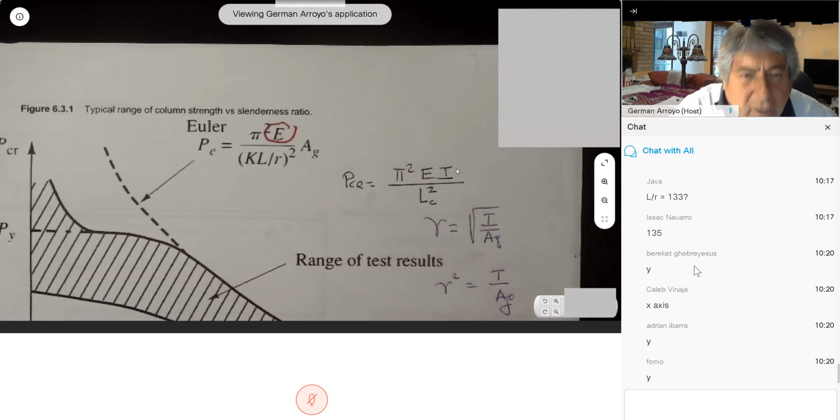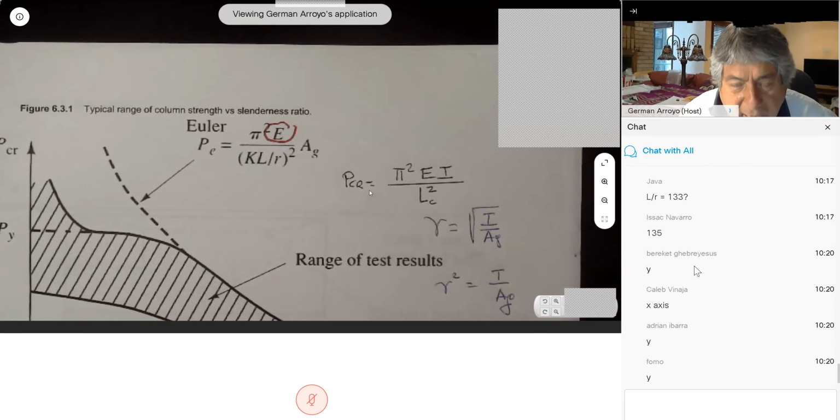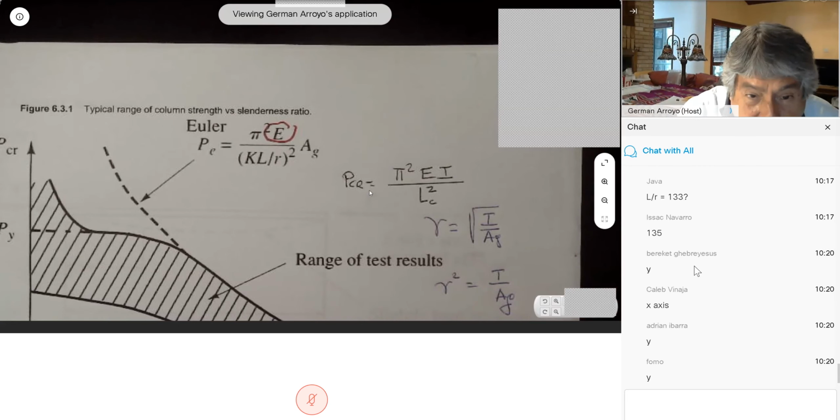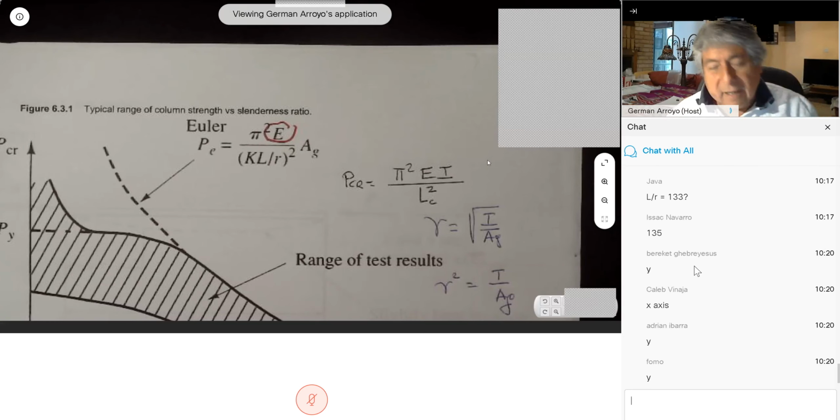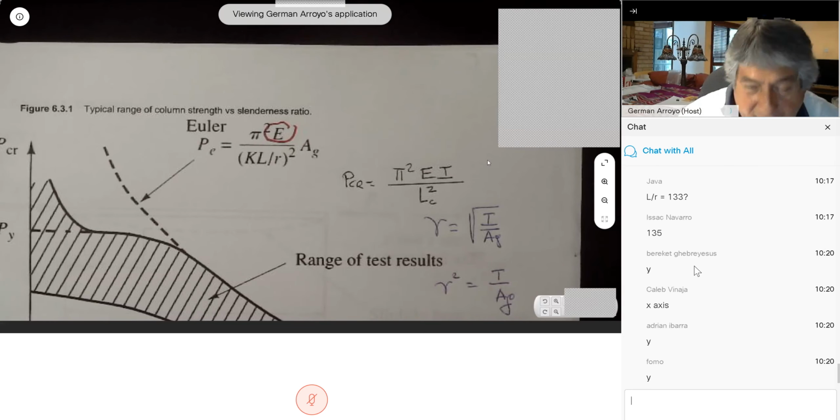So this is the Euler formula that supposedly you have seen in mechanics of solids. This formula is given in chapter E. This formula is used everywhere, the Euler formula that is called the critical load. If I were in front of you and I asked you, have you seen it before? You would say never, we didn't cover that. And probably you're right, but I don't know.